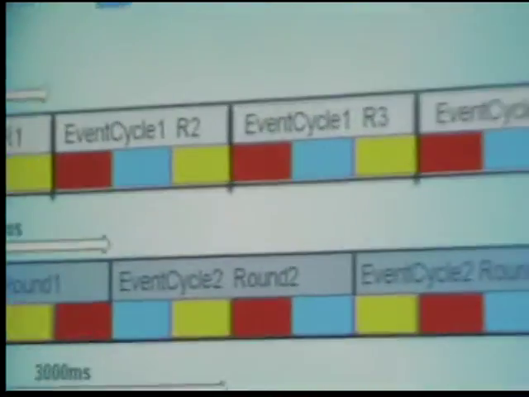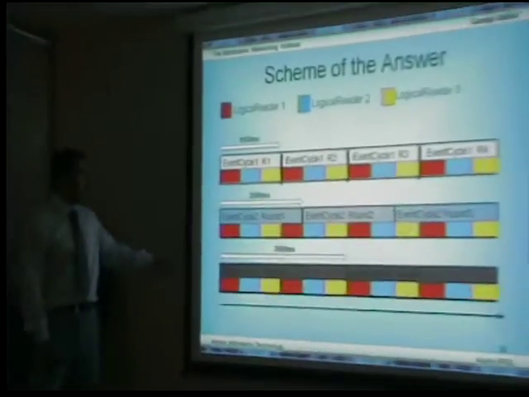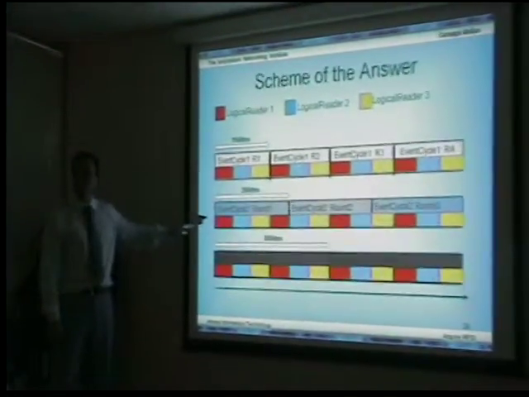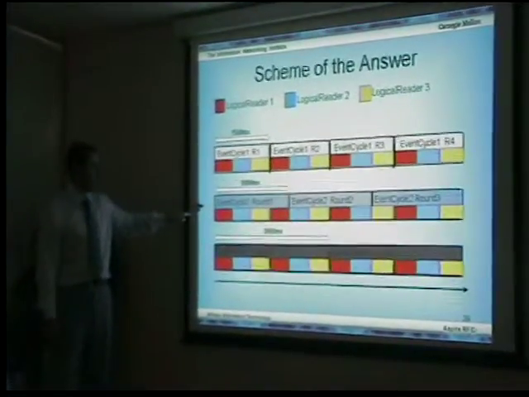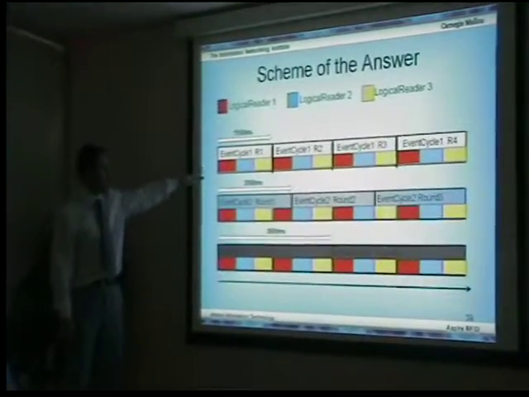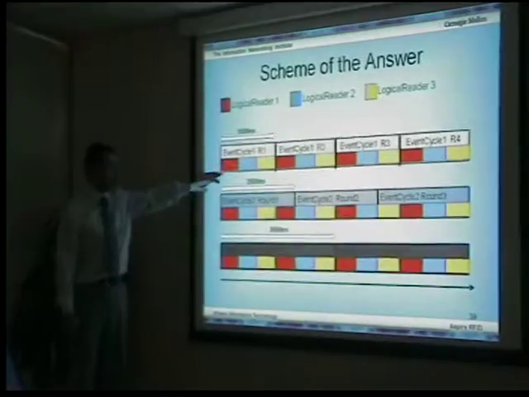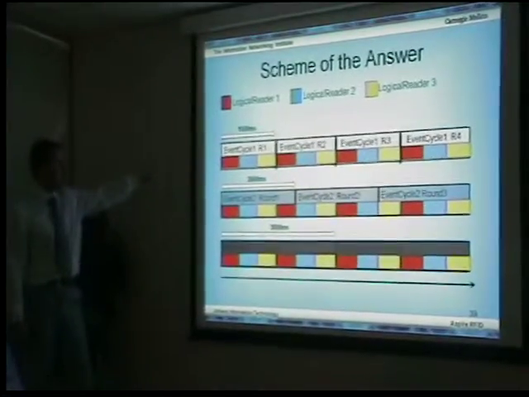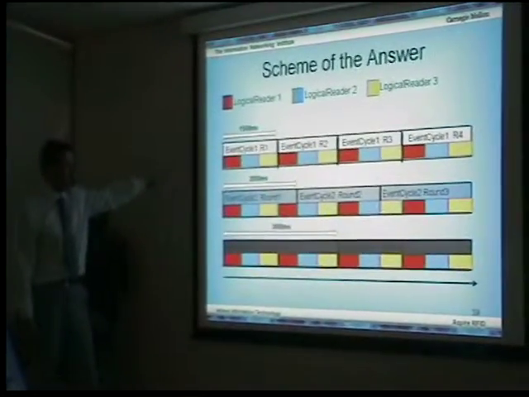For the second event cycle, in the first round, 3 of them will work some specified amount, and then it will keep looping, orchestrating the readers like it's doing for the first one.